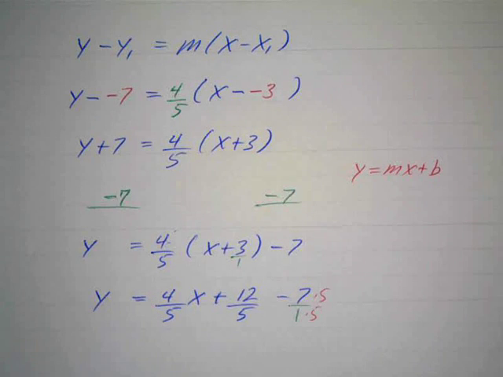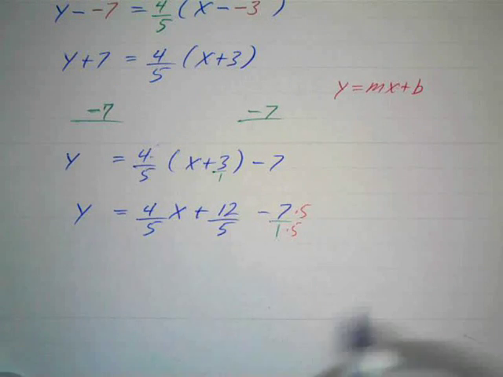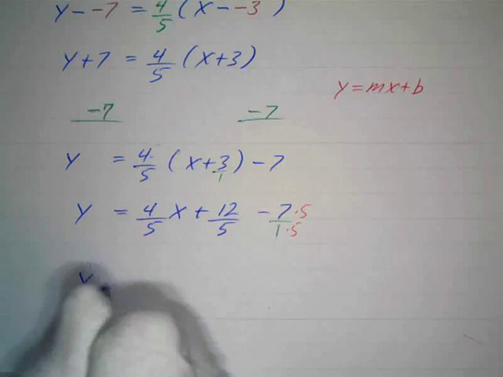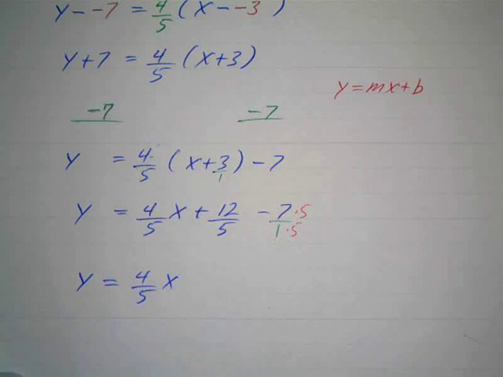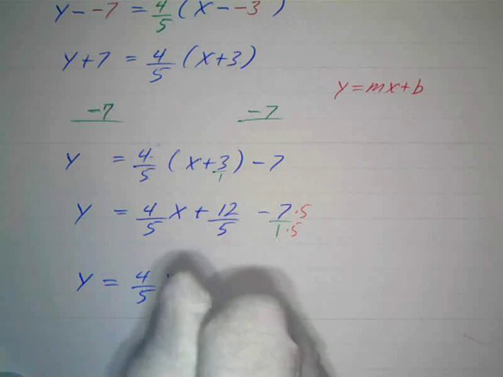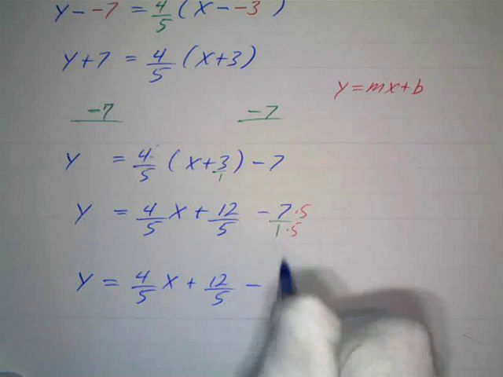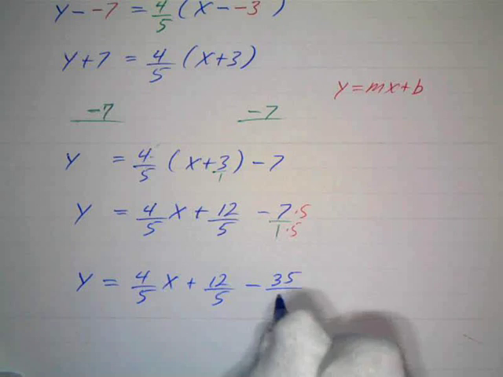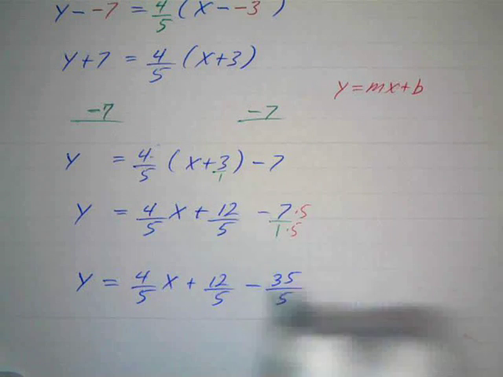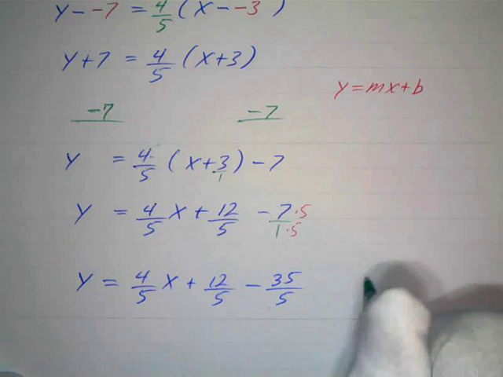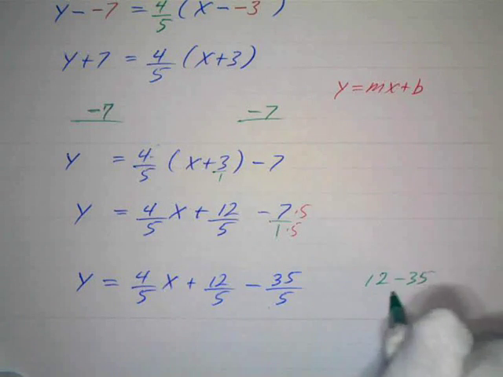So I get y equals 4 over 5 times x, plus 12 over 5, minus 7 times 5, which is 35 over 5. And you see that's the same thing as 7. Now we can add our numerators and put them over the common denominator, 12 minus 35 all over 5.